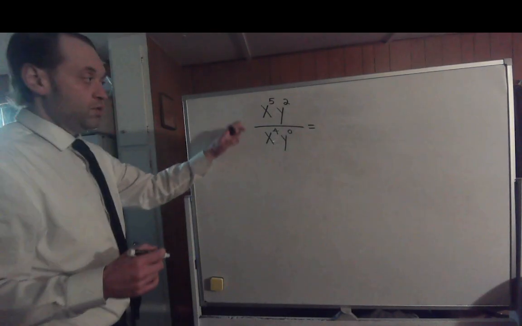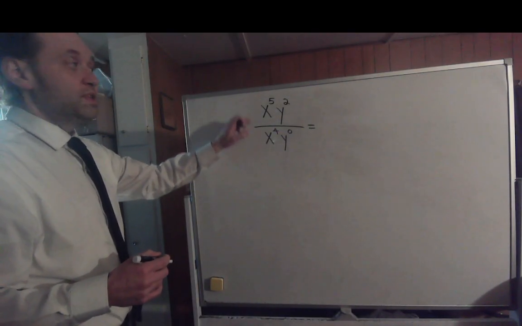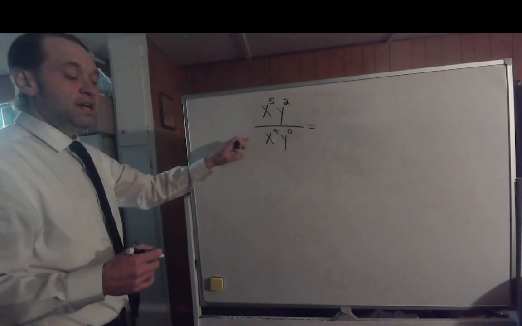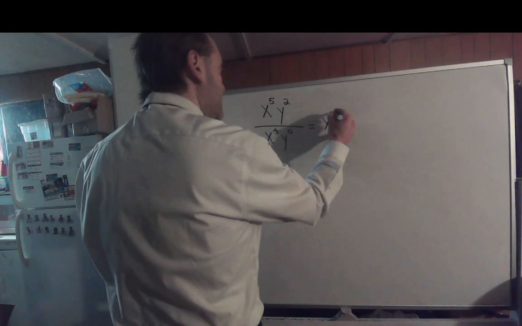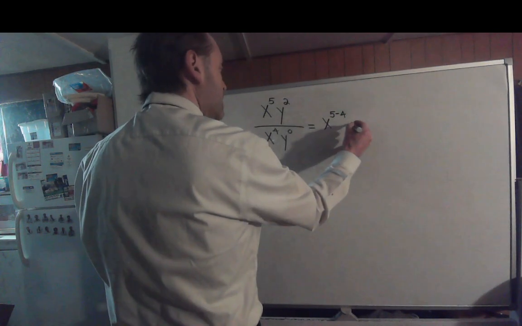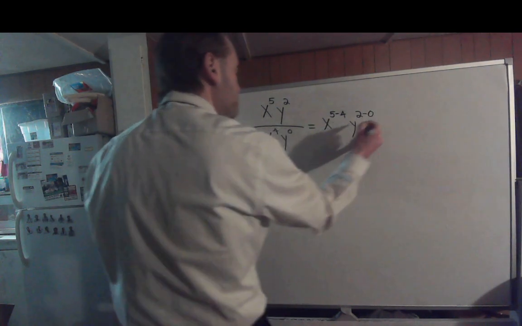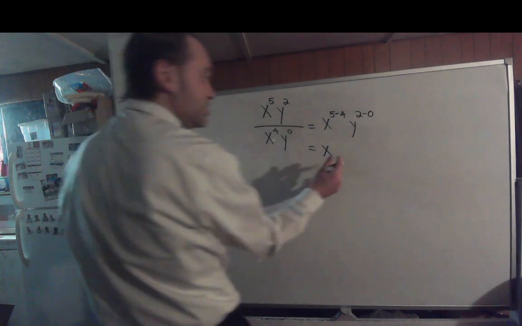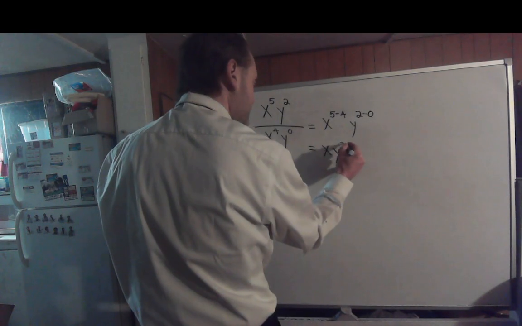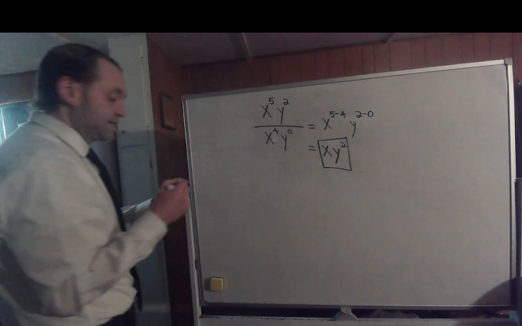Notice for both bases, x and y, the power in the numerator is greater than that of the denominator. So it's going to be the same as x to the 5 minus 4 y to the 2 minus 0, which in short would end up giving you x to the first, or simply just x, y to the second. So this would turn into x y to the second.